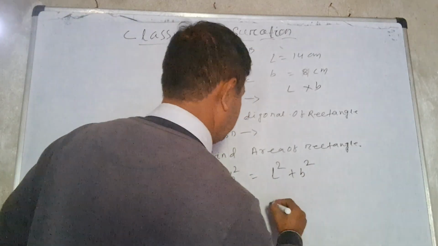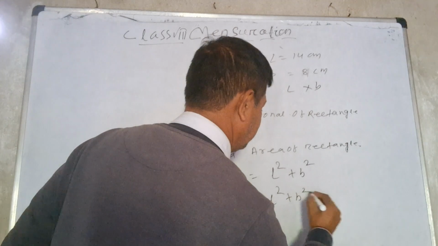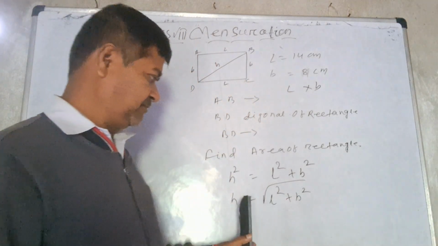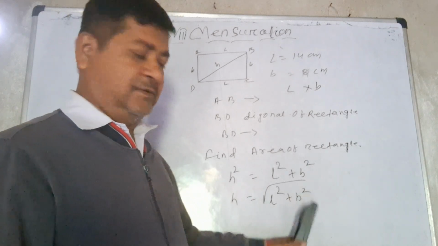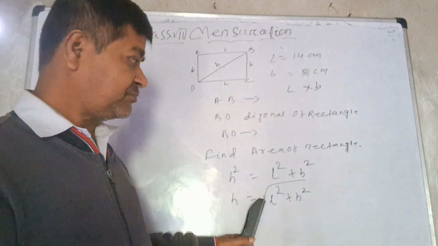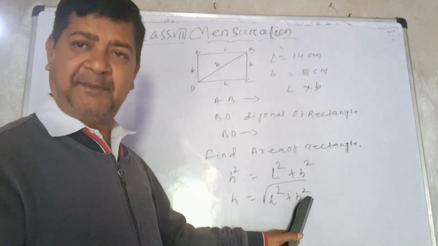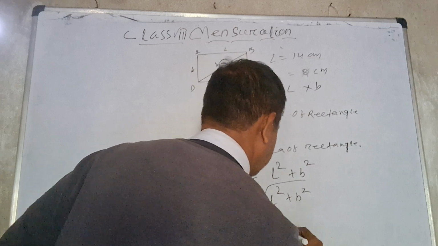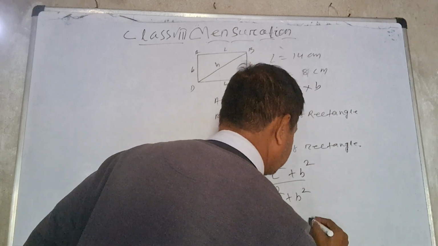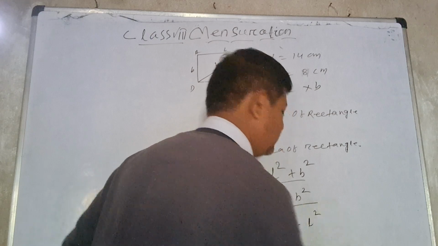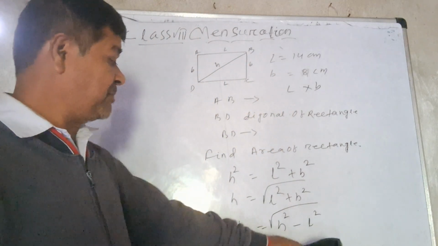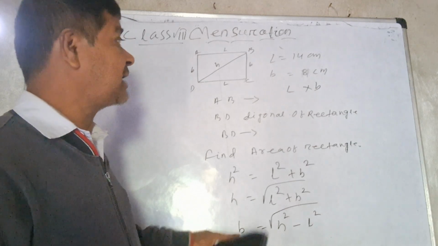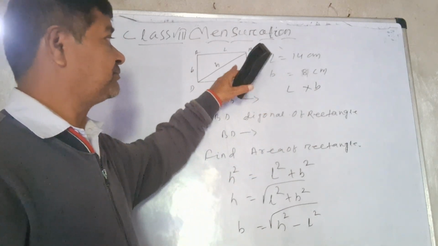H will be the square root of L square plus B square. The value of L and H are given. Then B will be the square root of H square minus L square. In this way we find the value of the breadth of the rectangle.